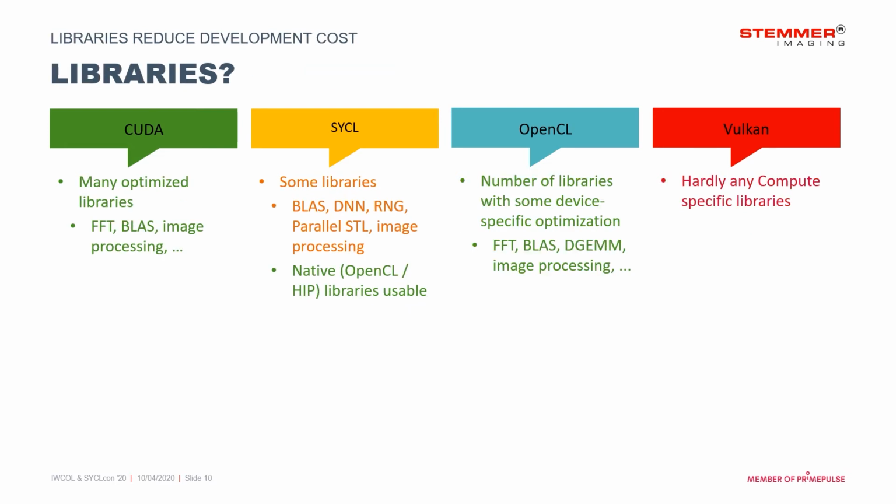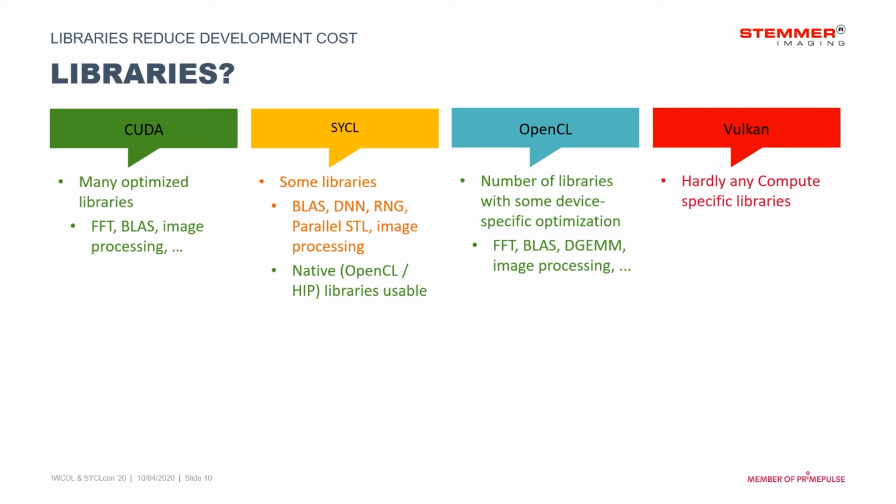Another point to include in the discussion about development time and therefore development costs is the availability of libraries. For CUDA, NVIDIA provides many libraries that already implement some of the functionality that you might need. For example, fast Fourier transforms, linear algebra, image processing, and much, much more.